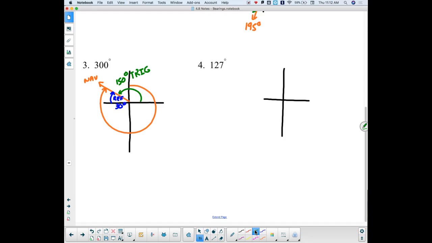Agree? 127 would be down here for my navigation, which would give me a 37-degree reference, which would give me 323-degree trig. Yep.